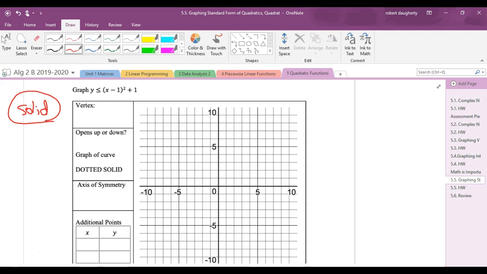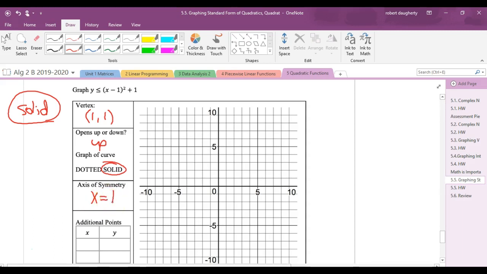What's the vertex of this parabola? 1, 1. Up or down? Up. I won't always put that on a test, but yes, it's a solid line. Where is the axis of symmetry? It's x equals 1. It's the equation of the line x equals 1.